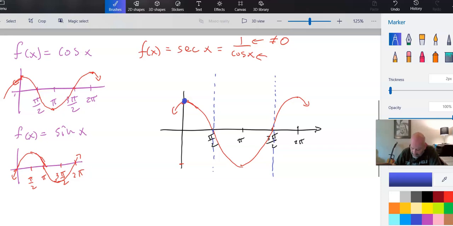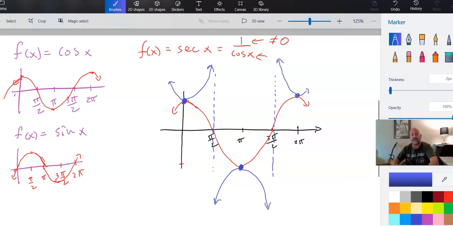And if this was continually going downward, it would cross the x-axis. It can't. So what it actually ends up doing is going up this way. Over here, it's at -1 at the peak where cosine is equal to -1, and then it goes this way. And then back over here again, we have the same business.